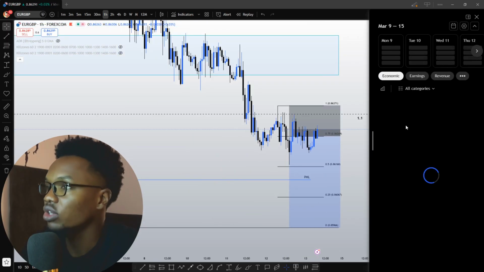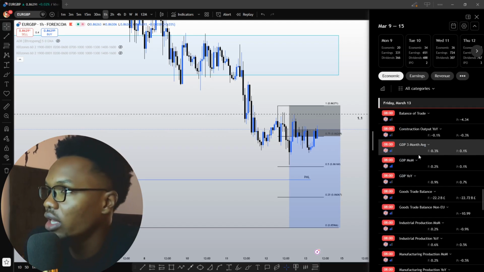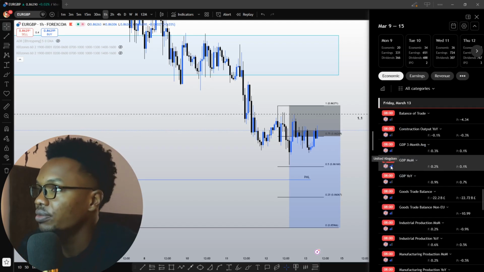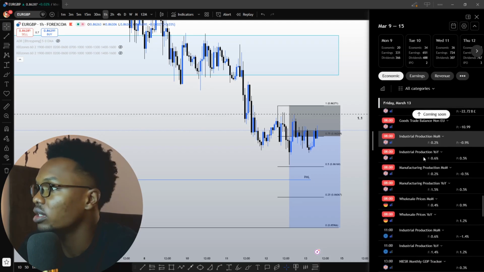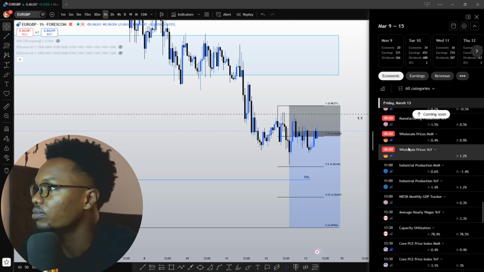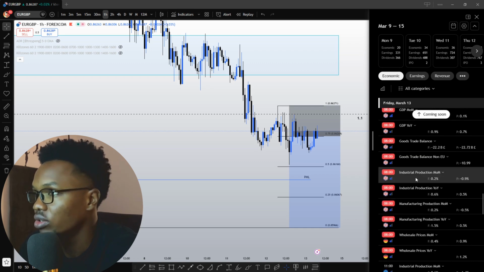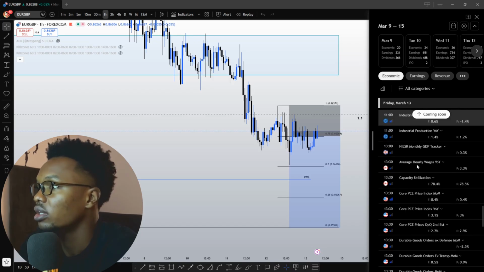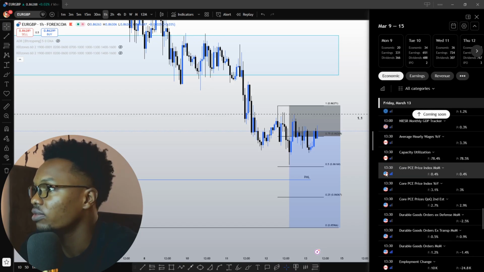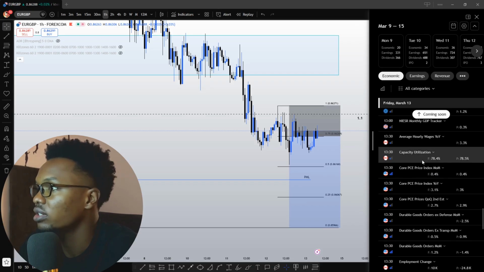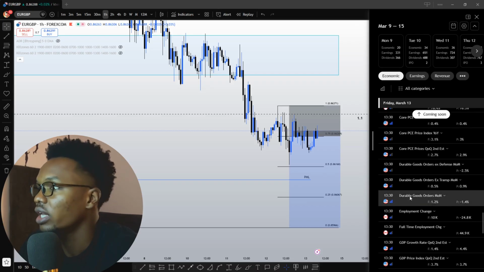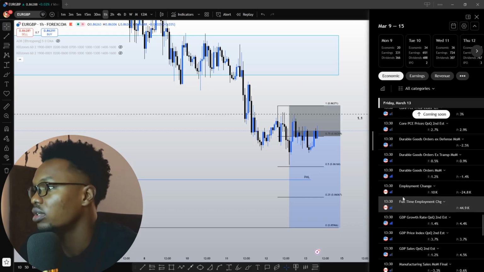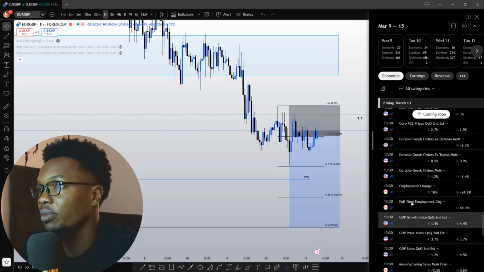So this is the news that's coming out today. The GDP for the pound coming out by 8 a.m. Then we have wholesale news. All these are not red folder. So the red folder news is the GDP. Then by 1:30 we have the PCE price index for USD and durable goods, and employment change for CAD.